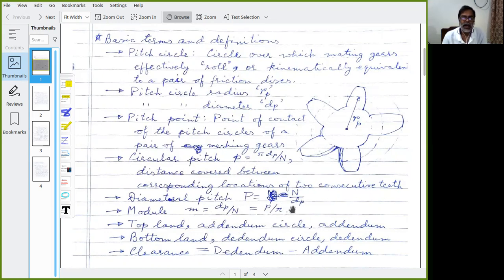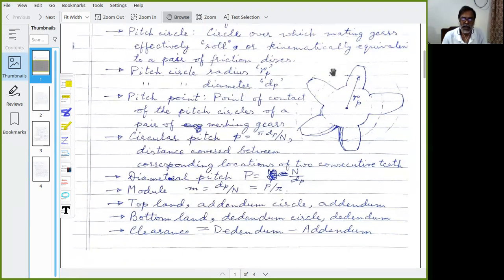Okay? Now, from the geometry of the gear, there are a few more things here. That is, at the top of the tooth, there is a flat area that is called the top line. Okay? And the circle matching all the top lines together, it's not exactly flat, but it could be almost flat for a smaller distance.